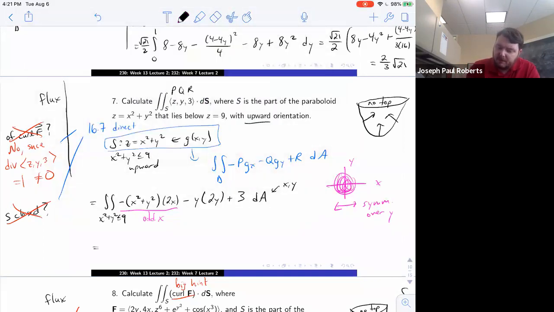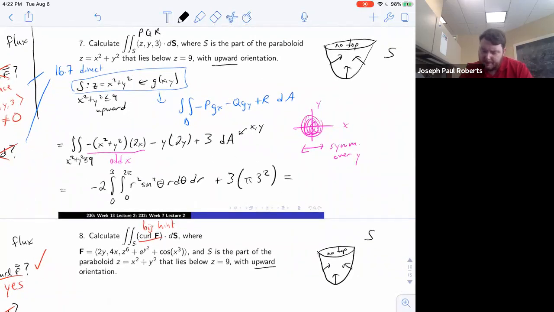So if you want to be clever with this, you could do minus 2 times this integral of y squared, so that's going to be r squared sine squared theta, r d theta dr once you switch to polar coordinates. And then this plus 3 is going to be plus 3 times the area of this disk, which is pi 3 squared.